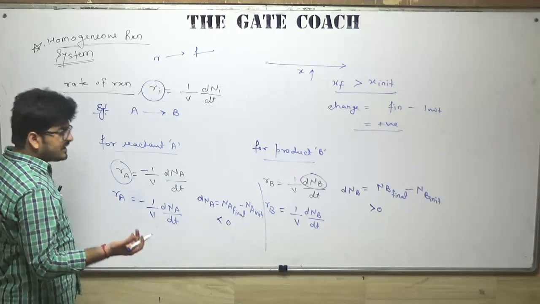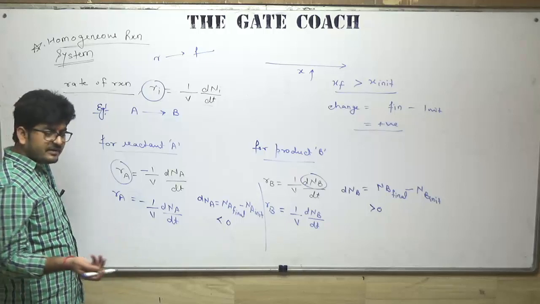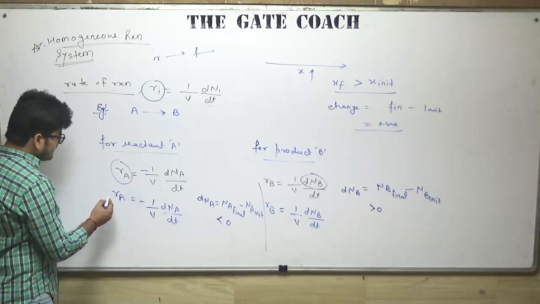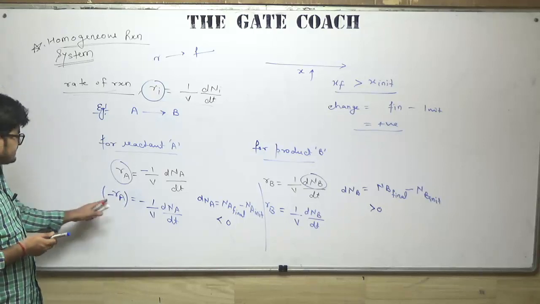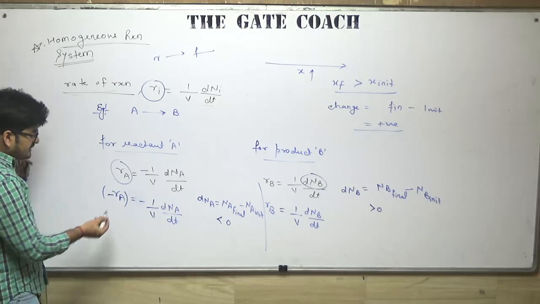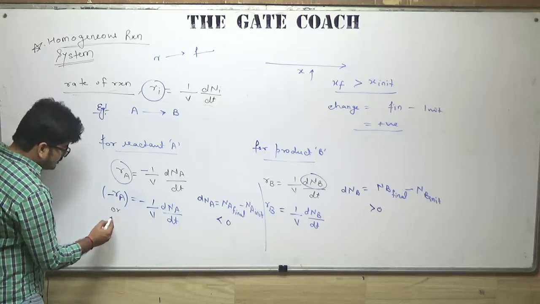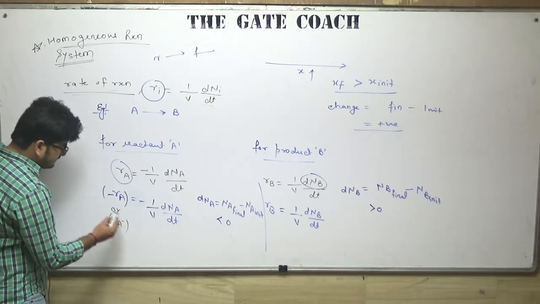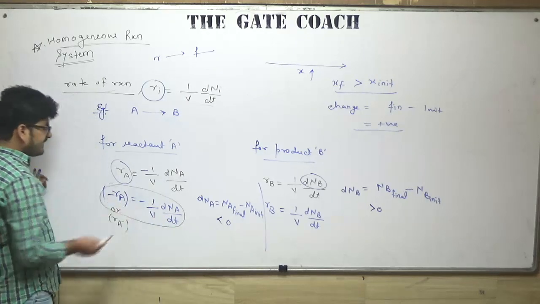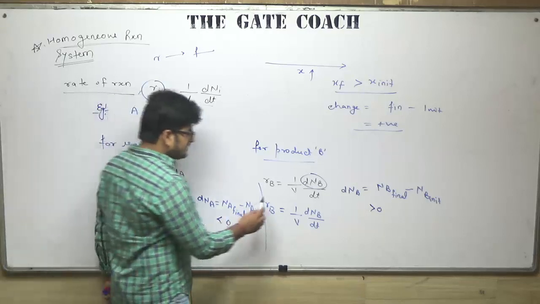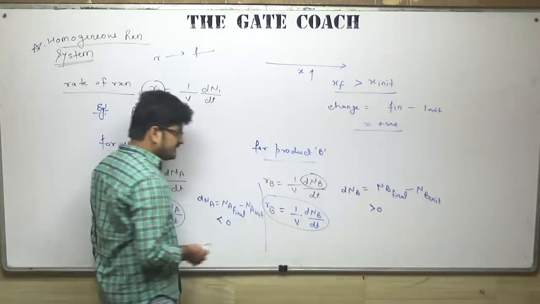So that's why the notation has to be different as well. So with Ra we will use one minus sign here as well. Either you can write it as minus Ra or you can write it as Ra negative. Meaning is the same. So for reactant we define rate like this. For product we define the rate like this.